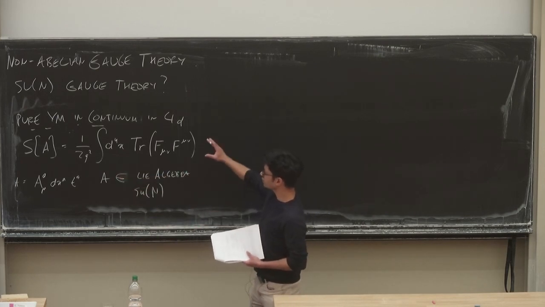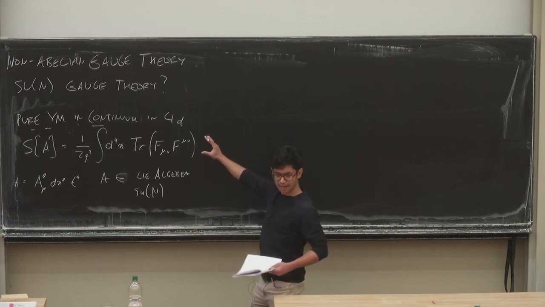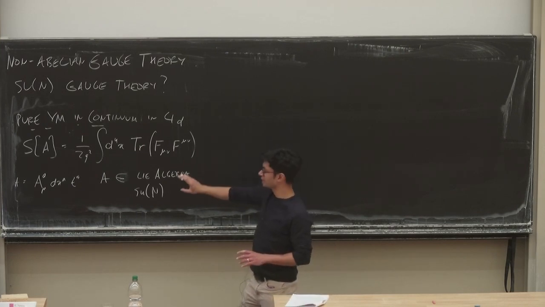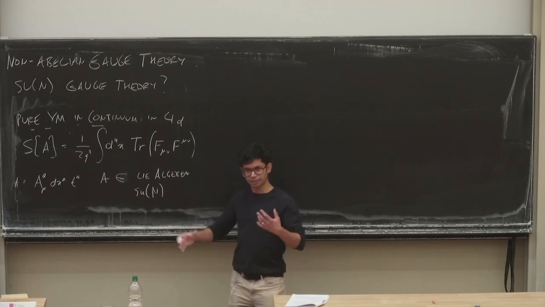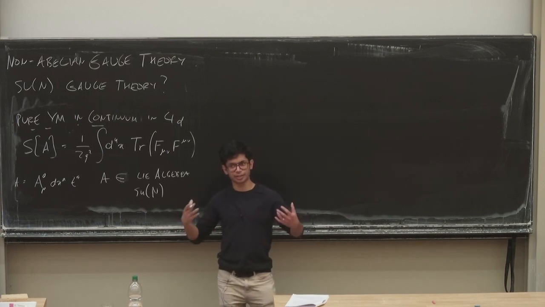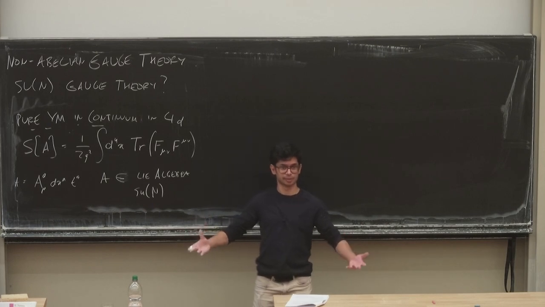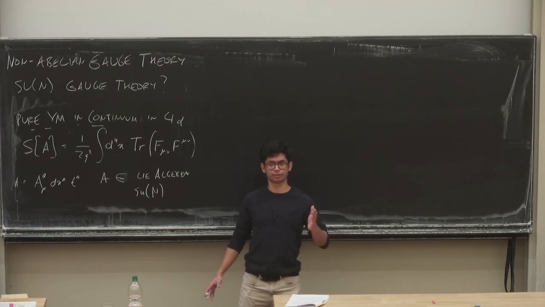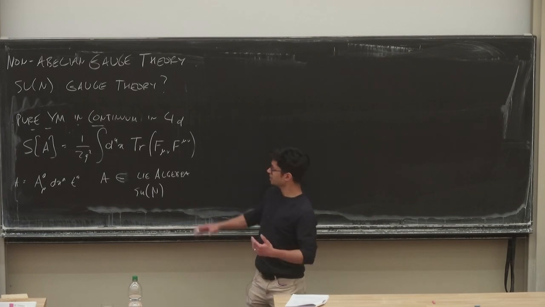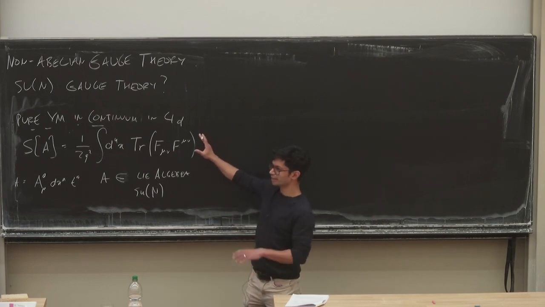Now, therefore, notice that the action actually only knows about the Lie algebra, right? But you can imagine different gauge theories with different gauge groups of the same algebra. It turns out the things I'm going to say are actually different for these different gauge groups. To specify a gauge theory, you have to say not only what the Lie algebra is, what the action is, but also what the global form of the gauge group is.